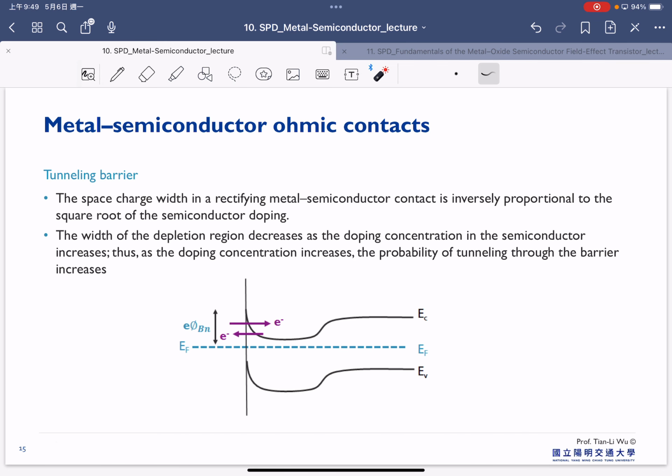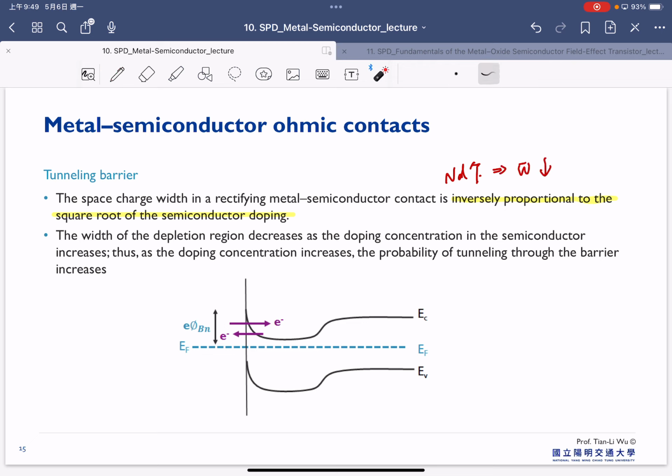And there's also one very interesting barrier that we call a tunneling barrier. So the tunneling barrier is the idea that the space charge width in the rectified metal semiconductor is inversely proportional to the square root of the semiconductor doping. So as you know, the concentration is increased, then depletion width is decreased.